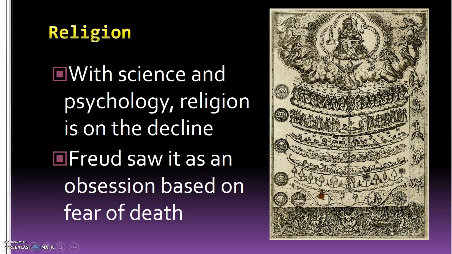What you see over here is an example of how people used to view the world. It is an example called the Great Chain of Being. And up top here, you have God, and underneath God, you have the angels, and then you have man, then you have animals of the sky and sea and earth, and then you have plants, and then you have minerals, and at the very bottom of the chain, you have the demons in hell.